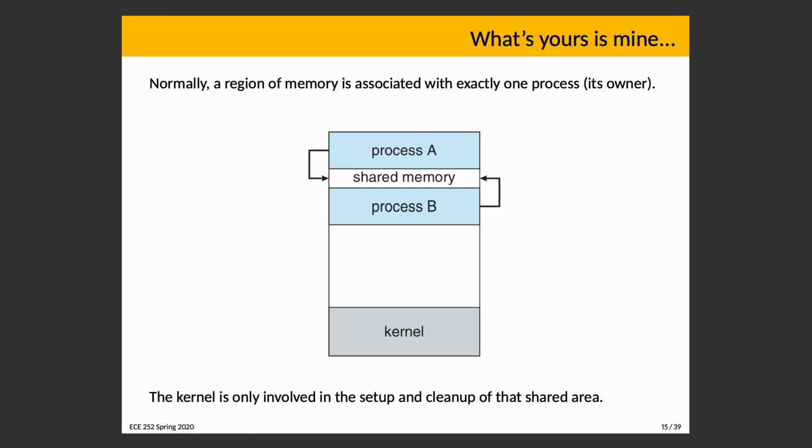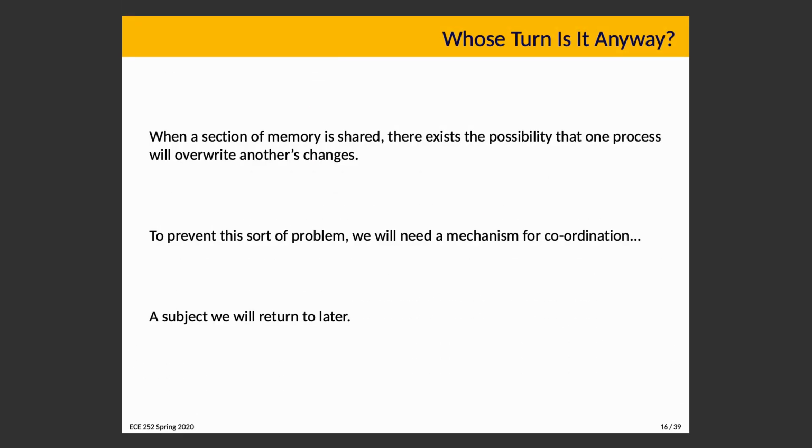And hopefully you also remember this diagram as well, which I totally trashed as being a totally unrealistic textbook type diagram in which the world is perfect and all the blocks are perfectly sized and everything is wonderful, rainbows and unicorns. Okay, yeah, we know that. The real danger, of course, is that there is a possibility that one process overwrites another's changes, and we're going to have to, again, come back to the coordination topic a little bit later on.